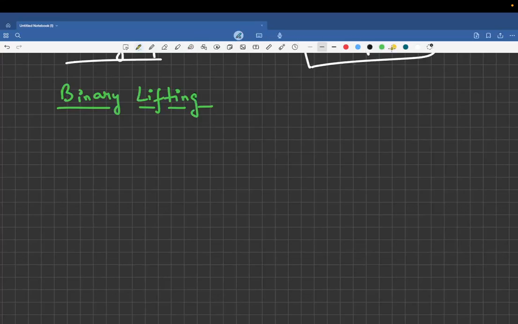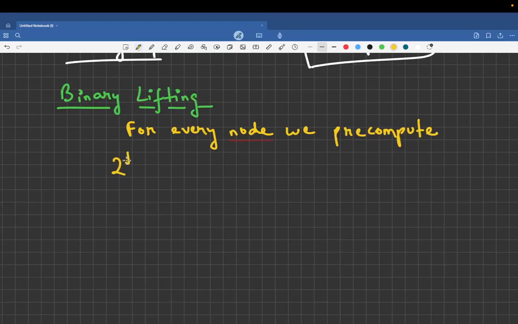Okay. So what we do is, for every node, we pre-compute 2 power jth parent.